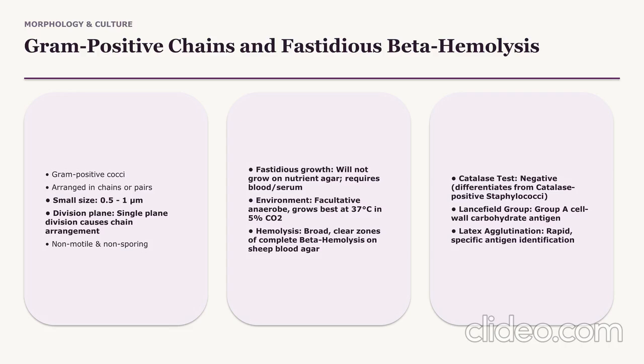Lipoteichoic acid, LTA, fimbriae, and F factor. These cell wall structures bind to host cell fibronectin, facilitating firm adherence to the pharyngeal mucosa. Hyaluronic acid capsule. Prevents phagocytosis and allows the bacterium to evade immune detection.